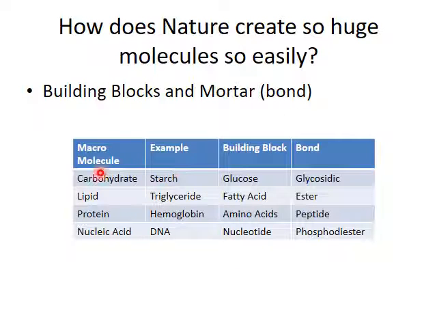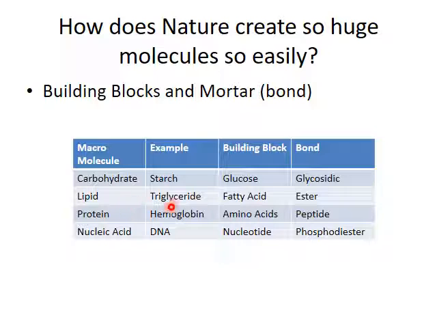And here are the 4 different molecules, and 4 different examples. An example of a carbohydrate, one of the giant carbohydrate molecules, is starch, and the building blocks for starch are glucose. The mortar is called a glycosidic bond.